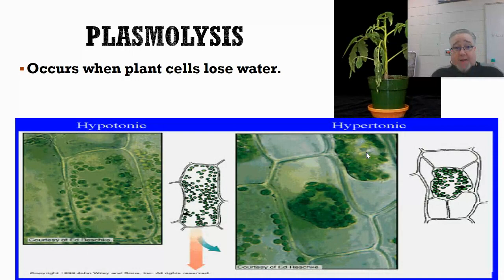So cells that are in hypertonic environments lose water and they tend to shrivel. So think about a plant, like this one here, that looks all droopy. If those plant cells are in hypertonic environments, they're going to do that. So the term plasmolysis refers to plant cells that are losing water.